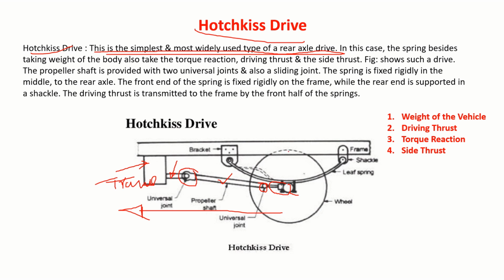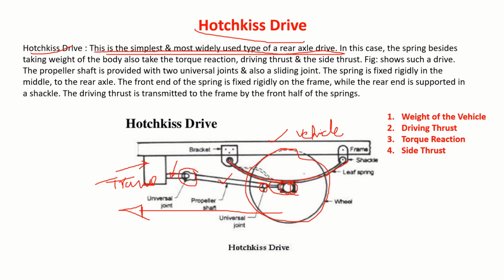Now you see here the way the wheel is suspended to this vehicle frame. You can see there is an axle casing, and this is what we have, a set of leaf springs.